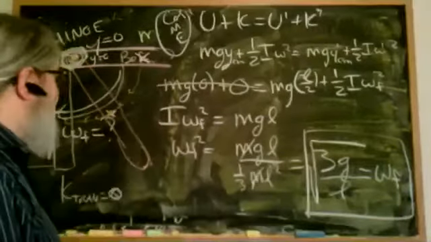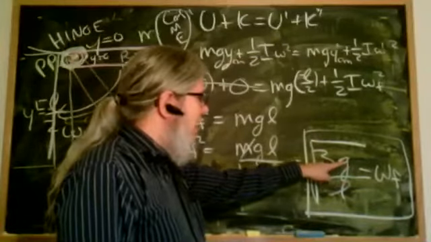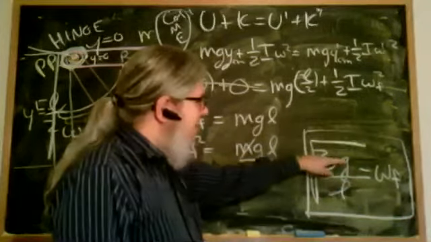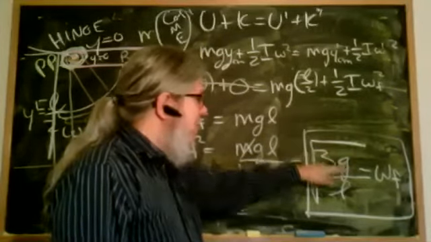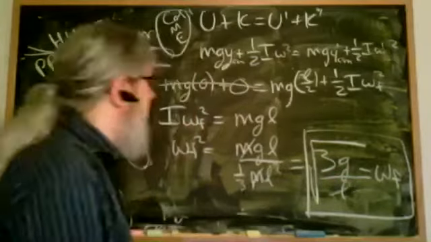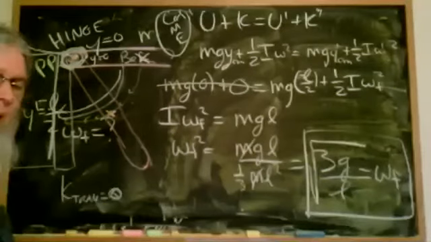Just make sure I've done my algebra right: length over time squared divided by a length is 1 over time squared. Yeah, it looks pretty good. Okay, any questions about that?